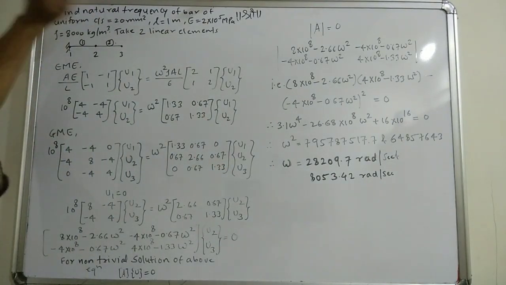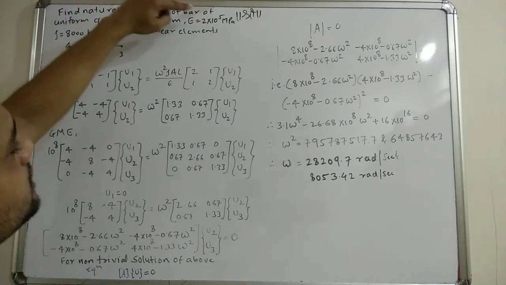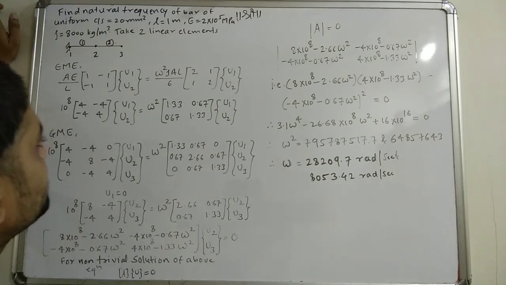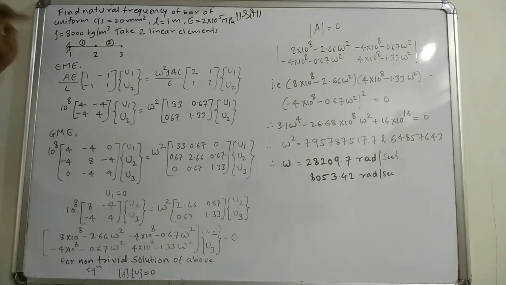Area of cross section is 20 millimeter square. Young's modulus is 2 into 10 raised to 8. Length is 1 meter. Let us keep the unit of length as meters, so that we don't have to convert the density also.